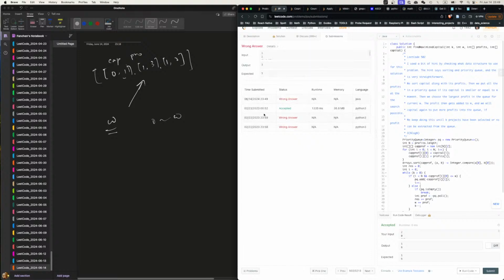Wow, it's about the same time that I did. 1, 2, should be 3, expected 5. Huh. Did I make the same mistake as before? We want one project, so the current is 2. Yeah, it should be 3.